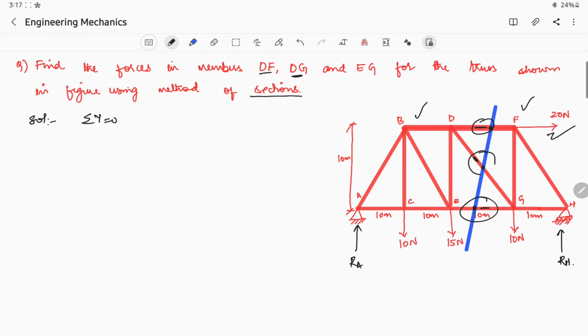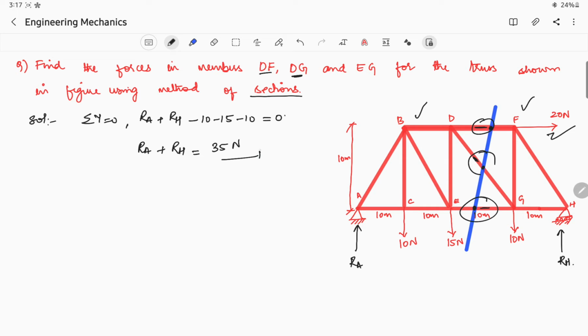We have RA plus RH, the two forces going upward, whereas minus 10, minus 15 and minus 10 kilonewton are passing in the downward direction, equal to 0. So RA plus RH is equal to how much? 35.